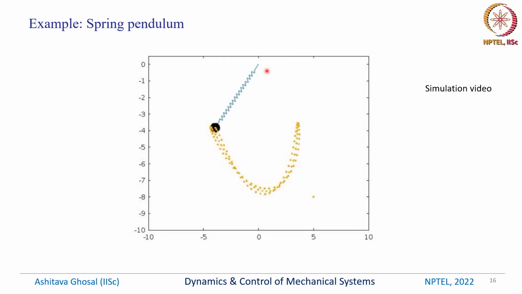What you can see is the spring is lengthening and shortening. So unlike a pendulum, there is a spring which is here, and the spring can go in and out, and this mass can also go in and out. So this is a simulation which is obtained after solving those two differential equations.